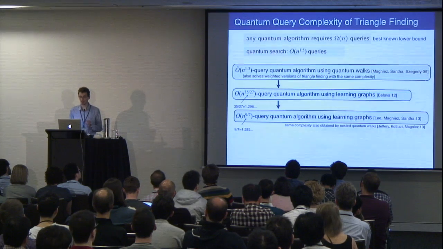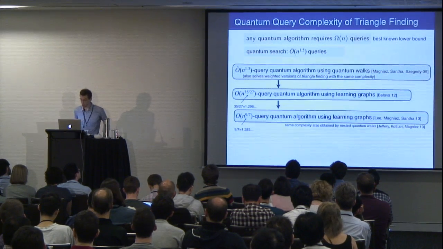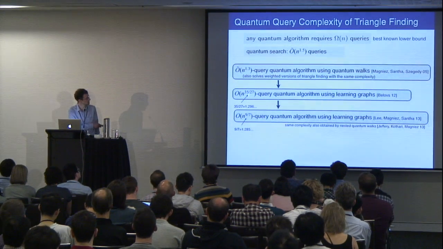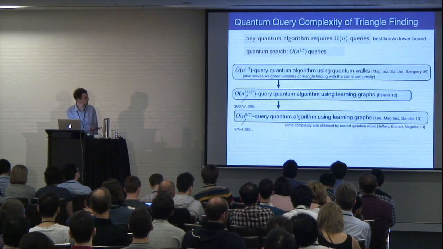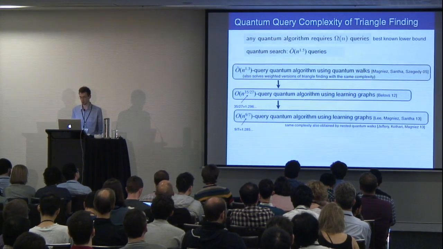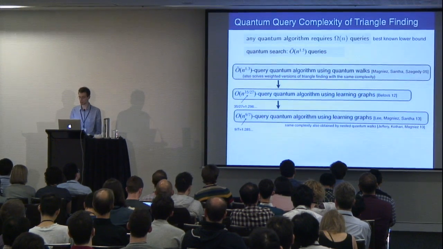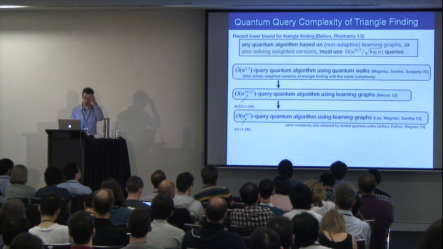And then there have been further improvements using another technique known as learning graph. First, the complexity was decreased to 35 over 27, and then 9 over 7. And this 9 over 7 exponent has also been obtained by using a generalization of quantum walks.